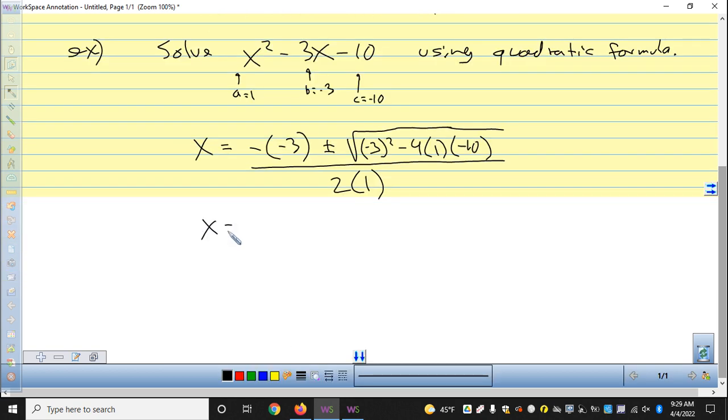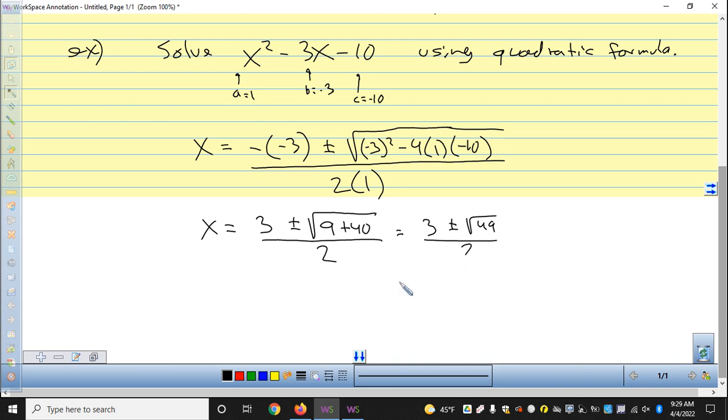So I get x equals negative 3 is positive 3, plus or minus a square root, negative 3 squared. When we square a negative number, we get a positive. Negative 4 times 1 is negative 4, times negative 10 is positive 40, so plus 40, all divided by 2. So this equals 3 plus or minus the square root of 49 divided by 2.